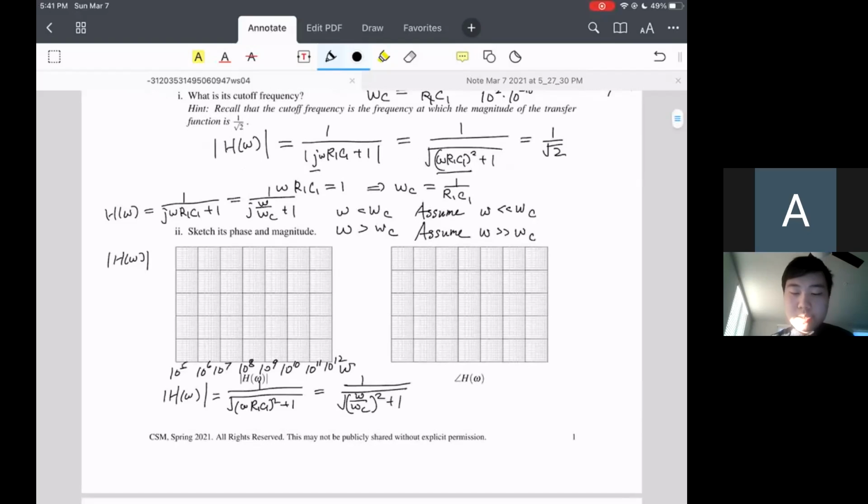If omega is less than omega c, we assume that omega is way less than omega c. This is how we do the straight line approximation. So if omega is way less than omega c, then this term right here, omega over omega c, tends to 0. And so the magnitude of h of omega just tends to 1. So it's approximately 1.